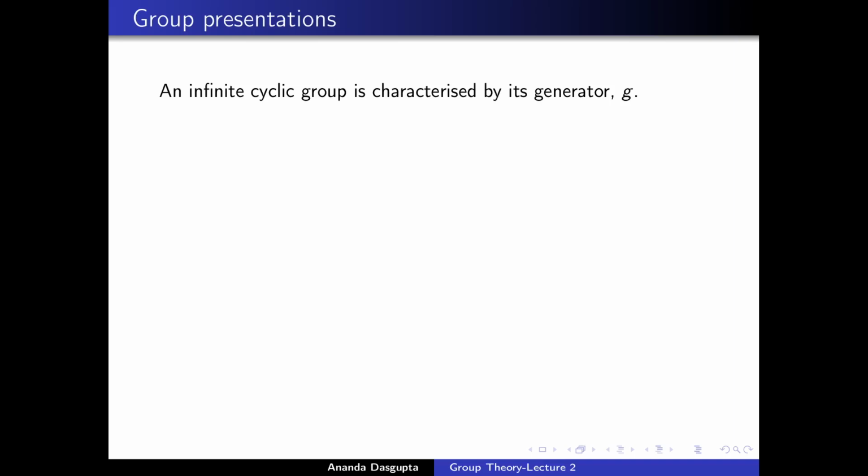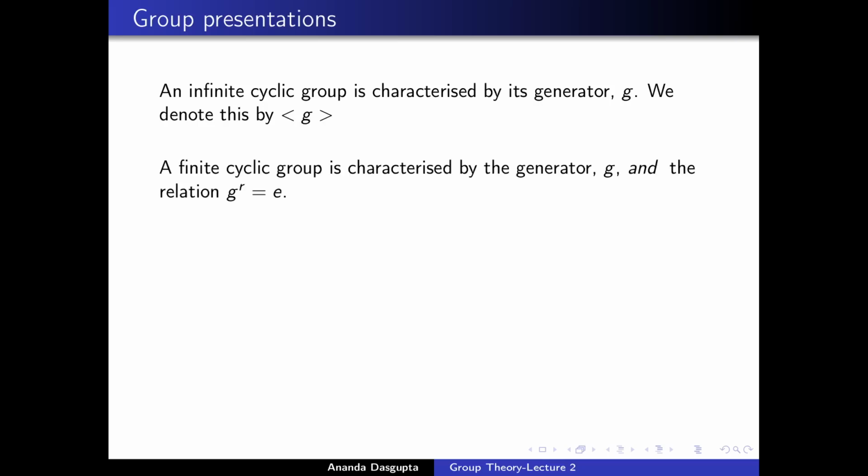In fact, that is exactly how we will start talking about the generators of a group. An infinite cyclic group is characterized just by a single generator, small g, and we denote this group alternatively by small g within angular brackets. A finite cyclic group, on the other hand, is characterized by the generator small g, and in addition by the relationship that small g raised to the power r is equal to the identity.